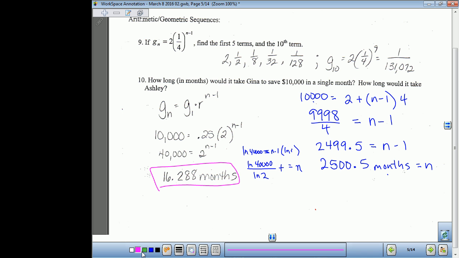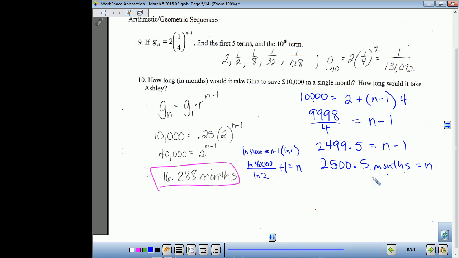You just have log of 40,000 or log of 2 plus, right? That should say +1. All right. Yeah. I'm actually kidding. You're right. That sounds right. Wait, Miss Willoughby, I don't know if you're thinking the same thing I'm thinking, with the Ashley thing. 2,500.5 months.